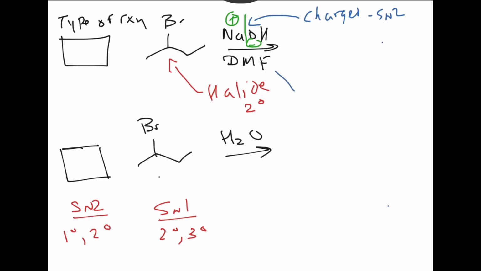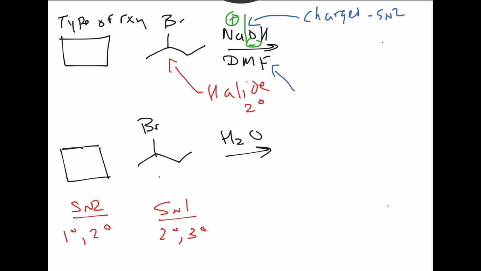Now we look at the solvent. What kind of solvent is this? Is it a polar protic solvent or a polar aprotic solvent? These are the things that we went over on Wednesday. You just have to know these 5 or 6 things. This one's aprotic.